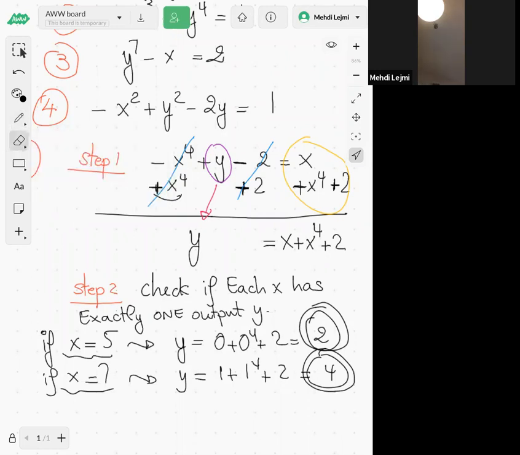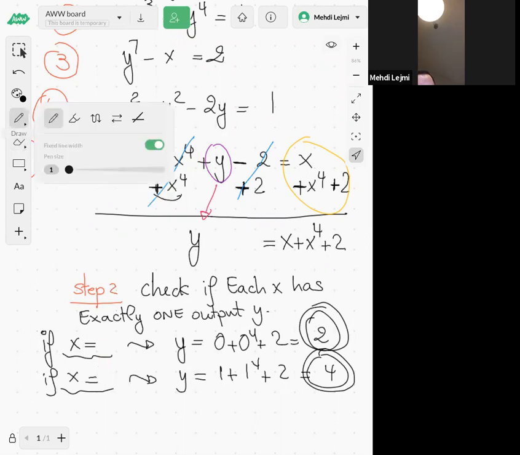But I took 0 and 1 because it's very simple to evaluate. But you can take any random value.